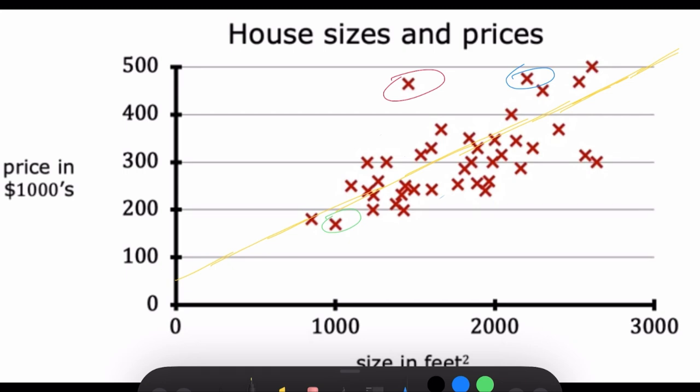So say we wanted to know the price in thousands of dollars of a home with a size of, let's say, 1,500 feet squared. Well, our linear regression model will use its line of best fit, this line that we constructed right here, to predict the price of this home.